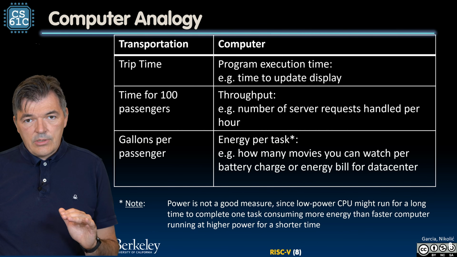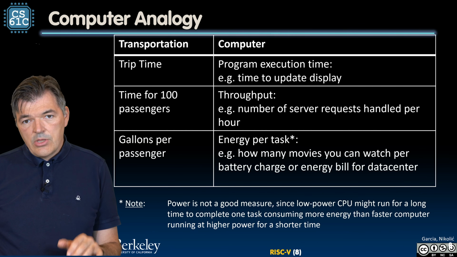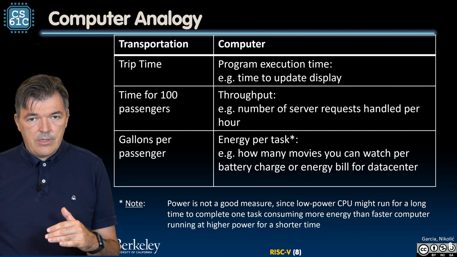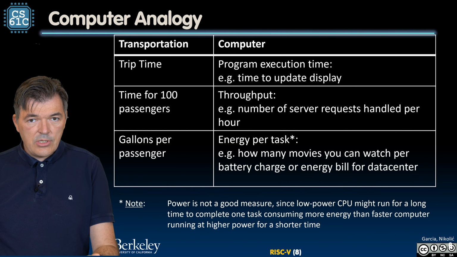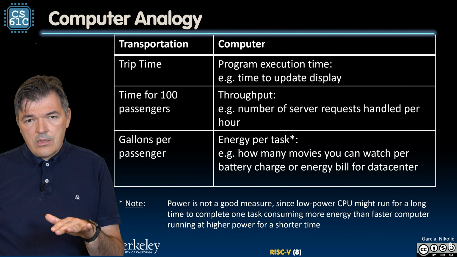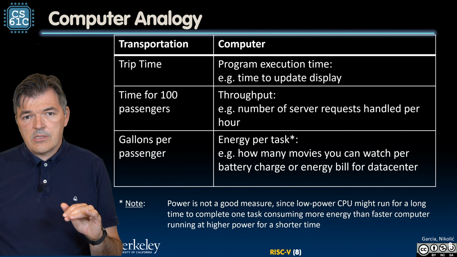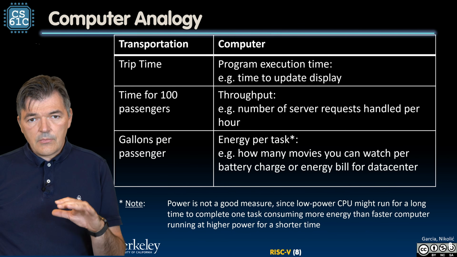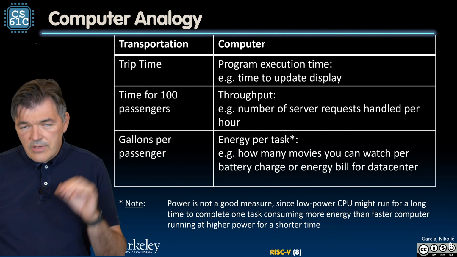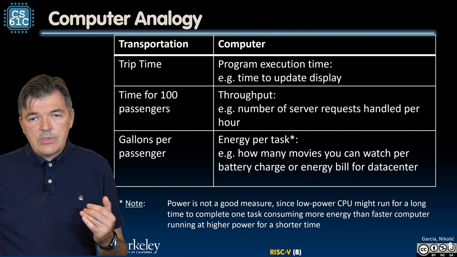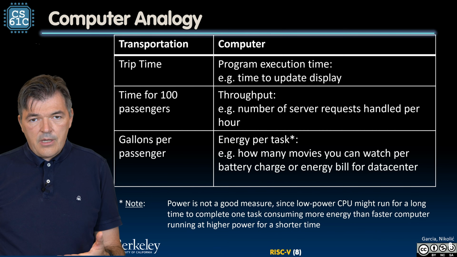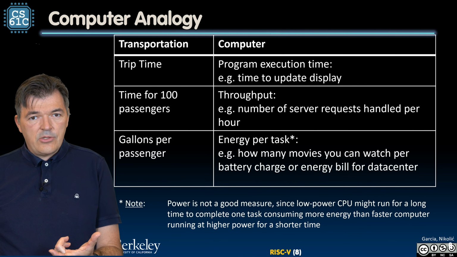Finally, one thing that is important to notice is that power is generally not a good measure of efficiency. Energy is much better. Power is a rate of exchange of energy, so they're related. But we can have a really low performance CPU that is very, very low power, but it would take so long to complete the task that it would basically drain the energy by the time it's done.